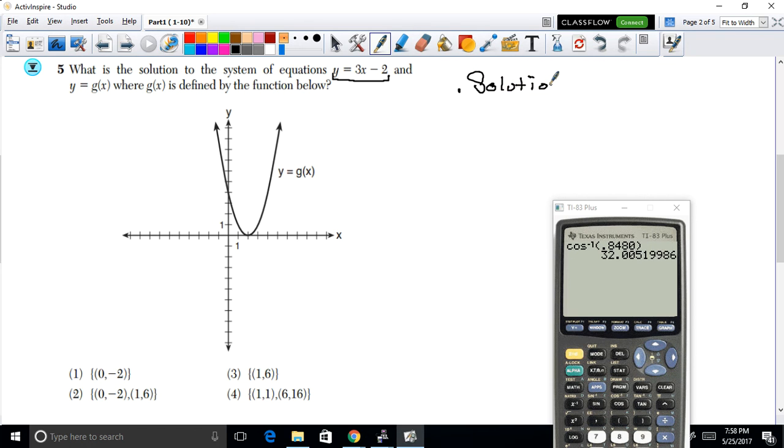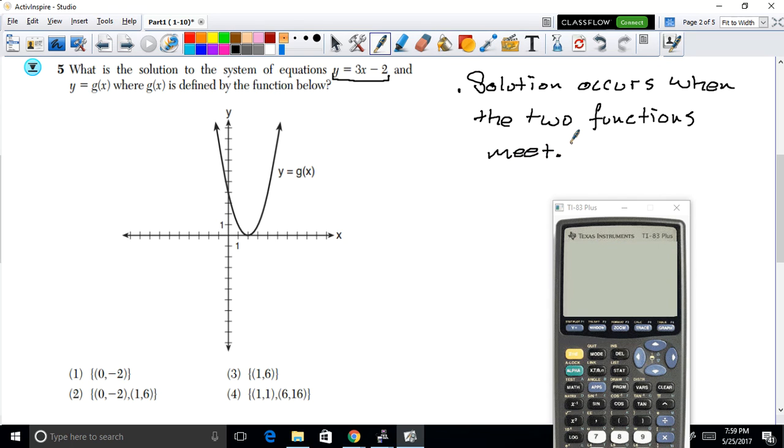The solution occurs when the two functions meet or they intercept.